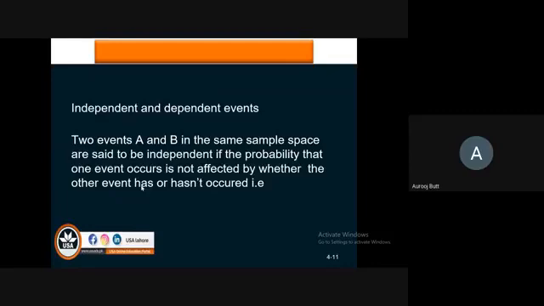Probability of A given B means that event B has already occurred, and you need to compute the probability for event A. And what does probability of B given A mean? It means that event A has already occurred, and you have to compute the probability for event B. So if you have these cases, you need to determine whether they are independent or not, that is, whether, if event B has occurred, any effect or change has occurred in A or not.